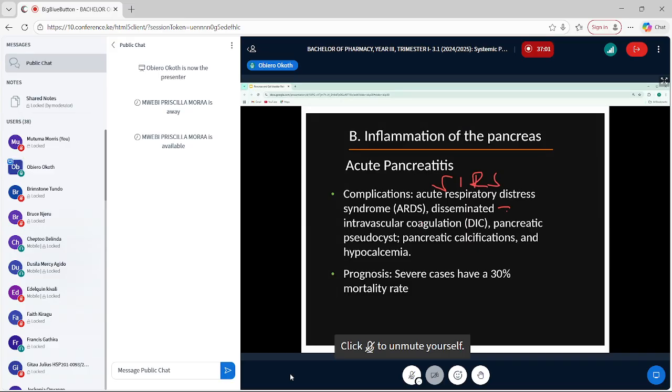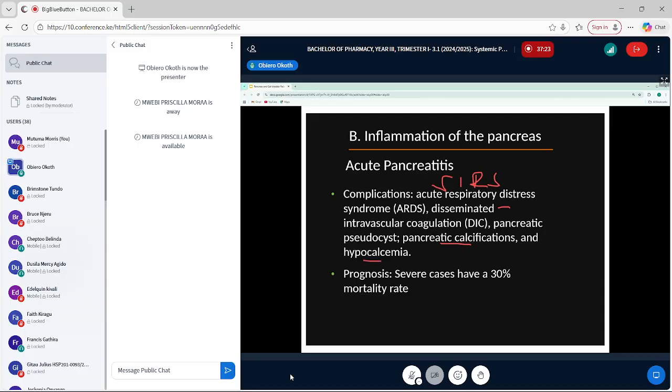Intravascular coagulation can also result from the vascular damage with the activation of the endothelium. Can have a pancreatic abscess, I'm going to show you. Can have pancreatic calcifications. This is from the fat necrosis with calcium deposition.